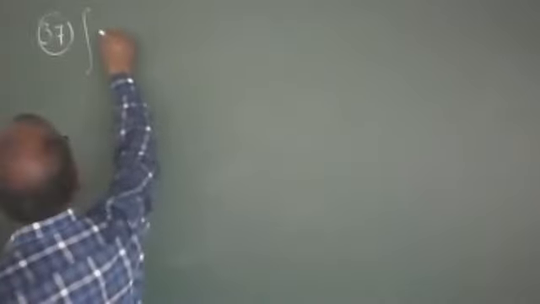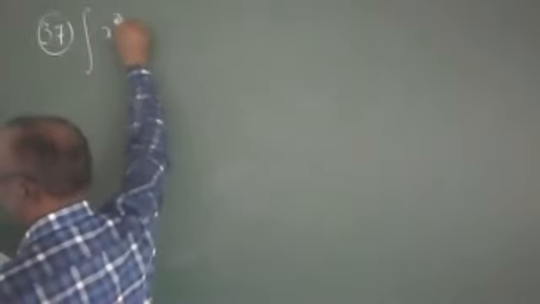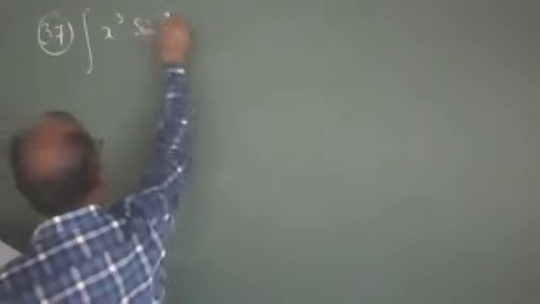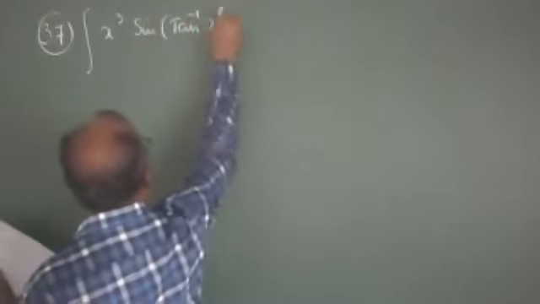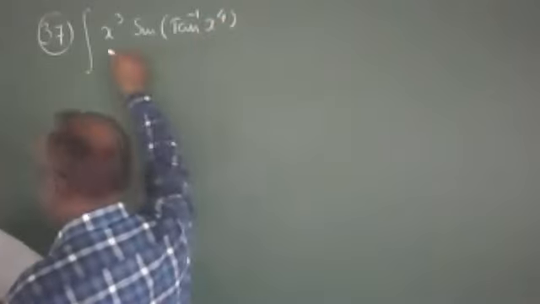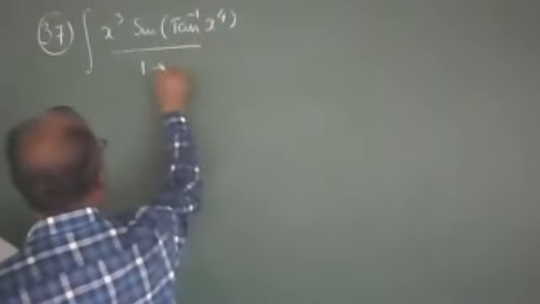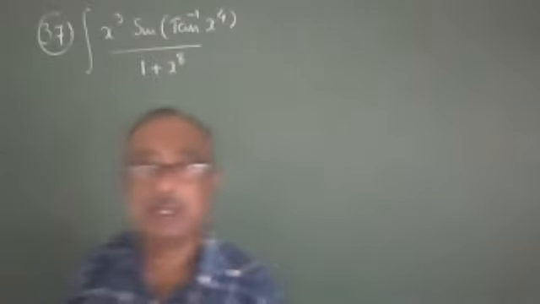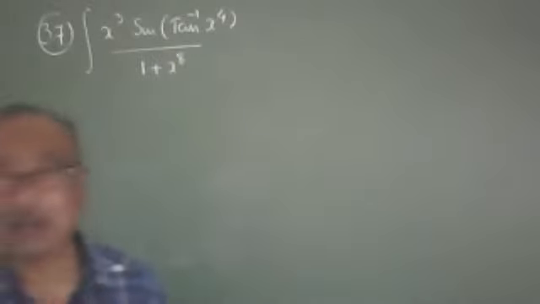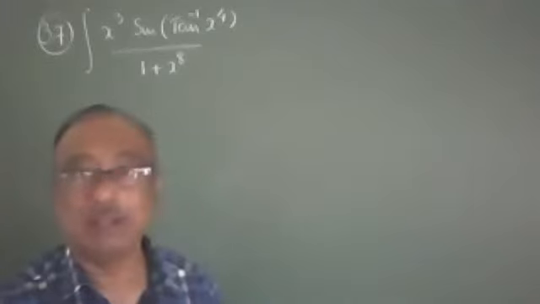So x cube sine of tan inverse of x power of 4, by denominator 1 plus x power of 8. See very carefully.